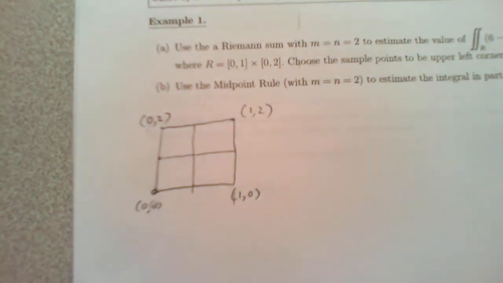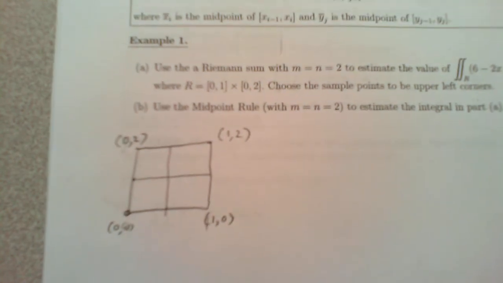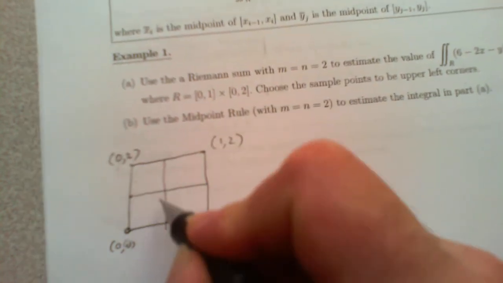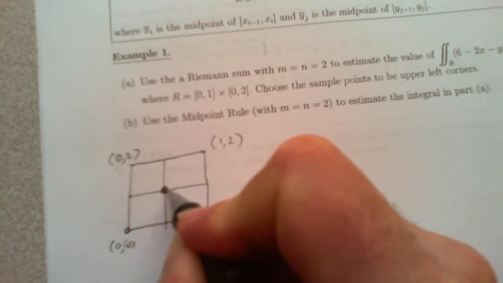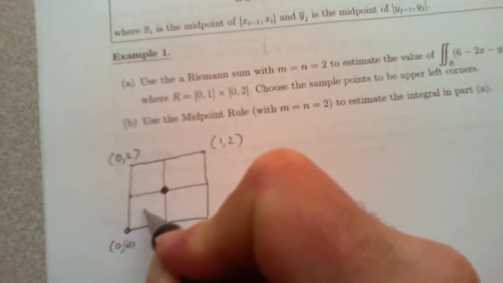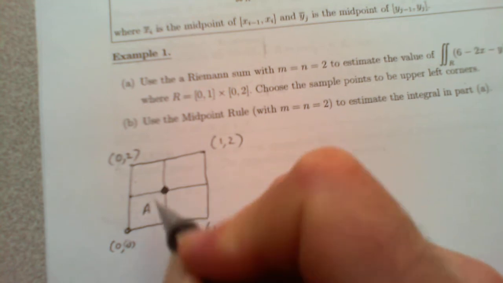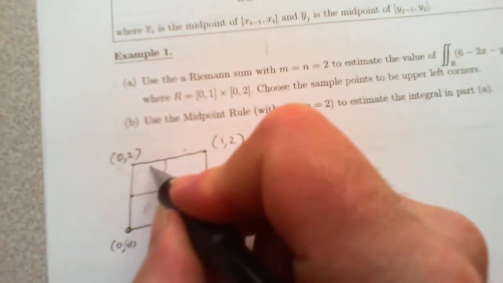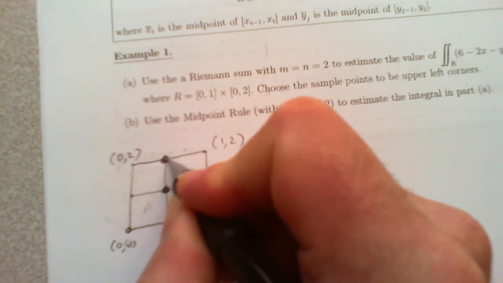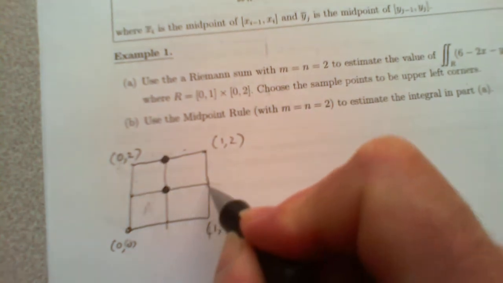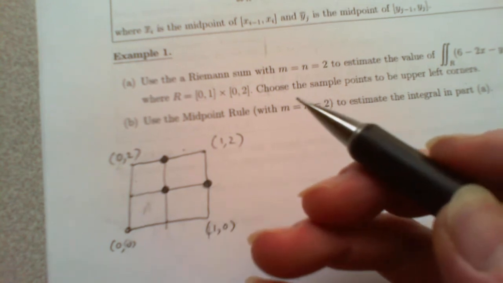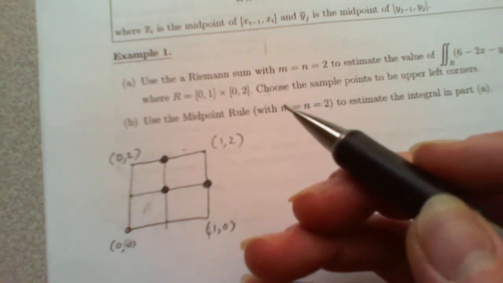Okay, now, what are the upper left corners, the points that I'm about to have to use on this? So that's talking about using this point because it's the upper left corner of this rectangle here. Of this rectangle, you're going to use that point. Of this rectangle, this point. And of, you know what?